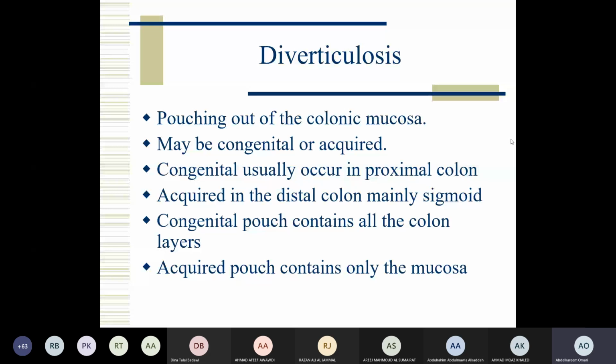But in the colon, the longitudinal muscle, which is the outer layer of the intestinal muscles, is the diverticular.